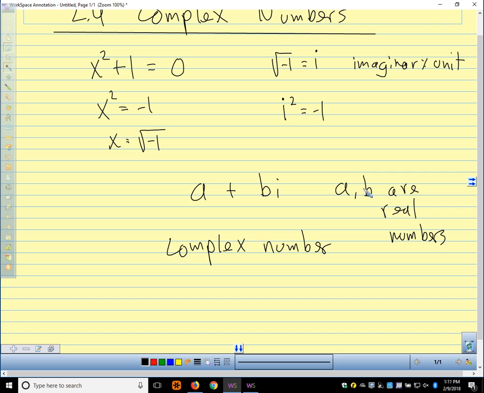We talked about these complex numbers a little bit before, and this is called standard form. The a we call the real part, and the bi part we call the imaginary part.